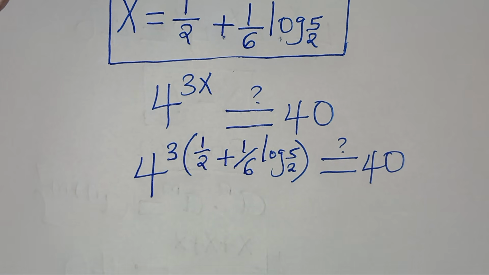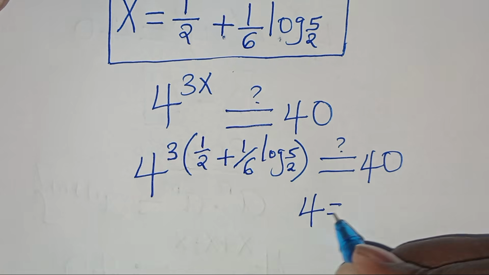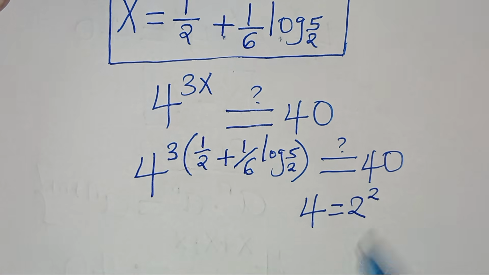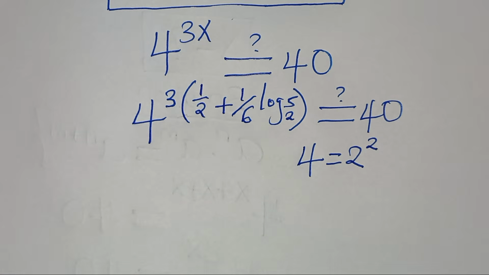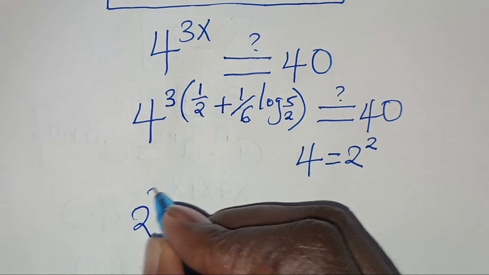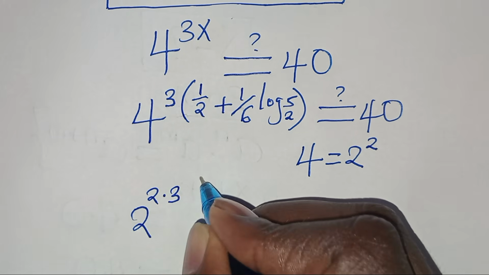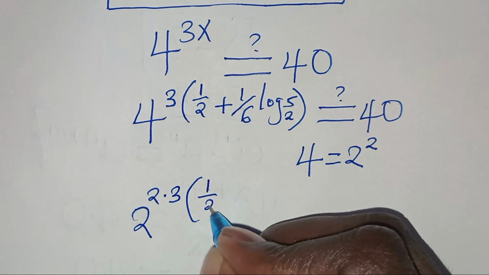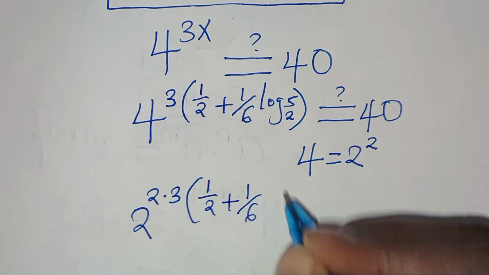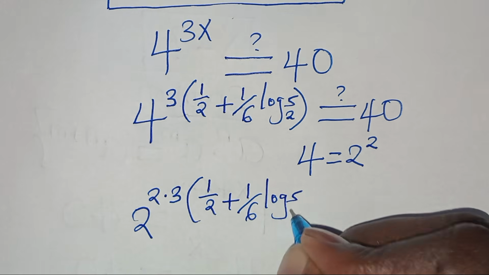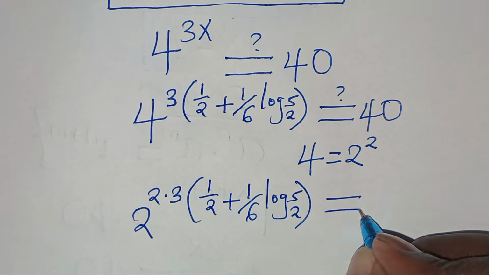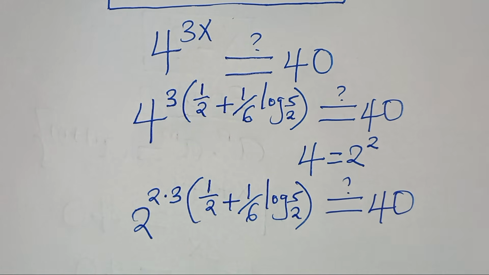Now the next step is that we can express 4 as 2 raised to the power of 2. So that we have 2 raised to the power of 2 times 3 into the parentheses, a half plus 1 over 6 log 5 to base 2. And this should give us a value of 40.